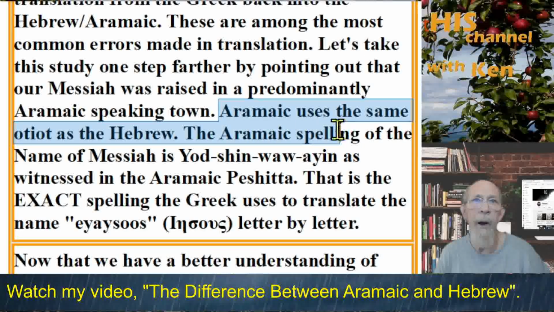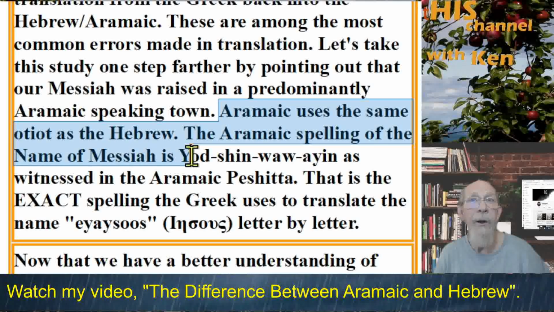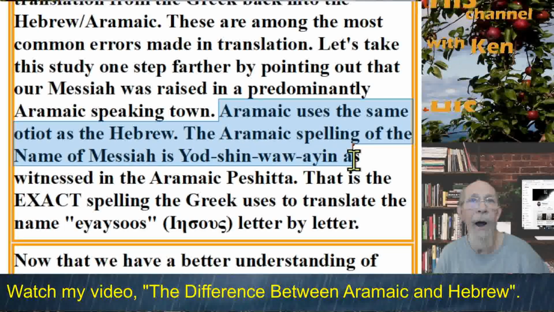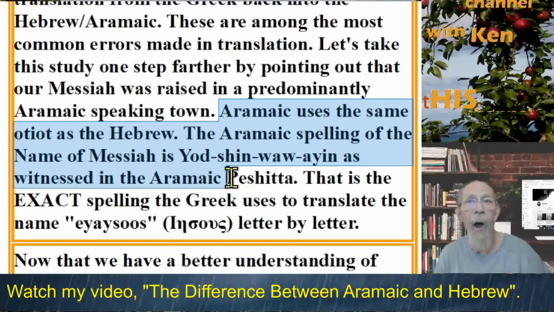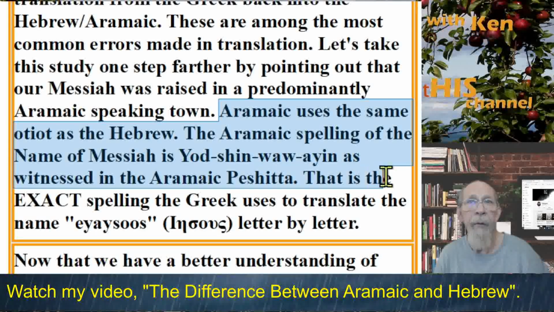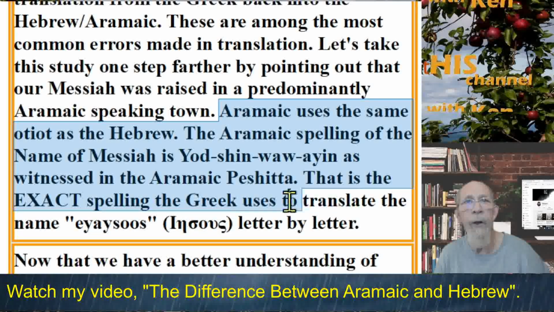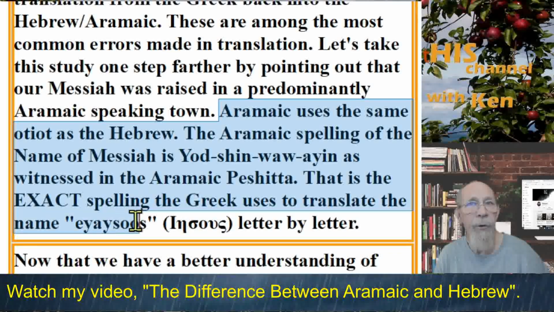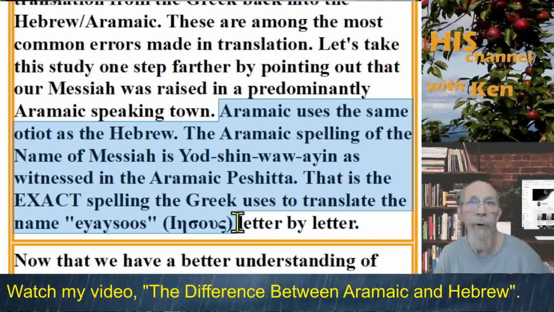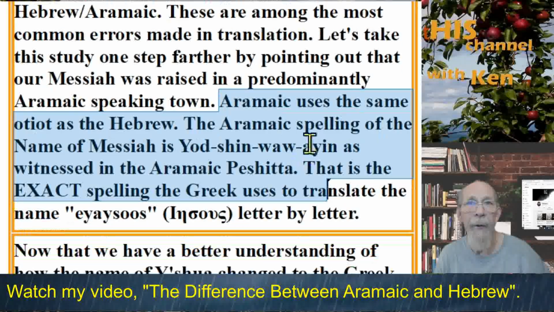The Aramaic spelling of the name of Messiah is Yod Shin Wal Ayin, as witnessed in the Aramaic Peshitta. That is the exact spelling the Greek uses to translate the name Iesous, letter by letter.